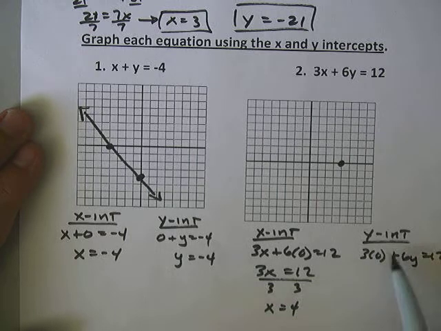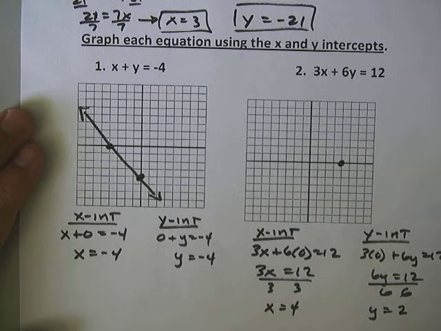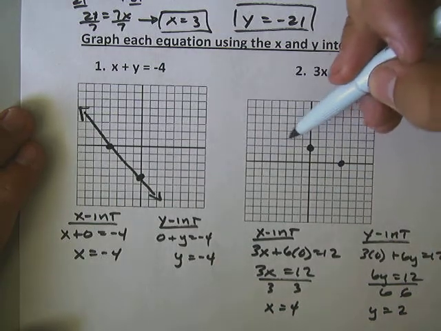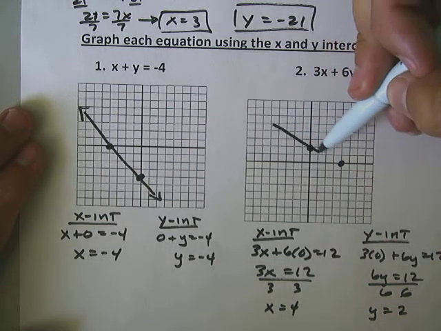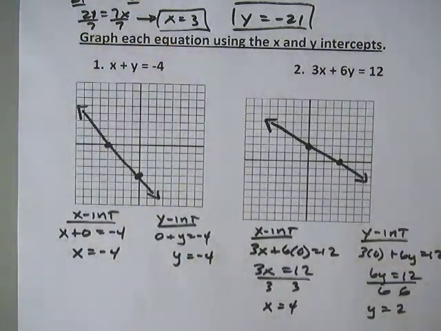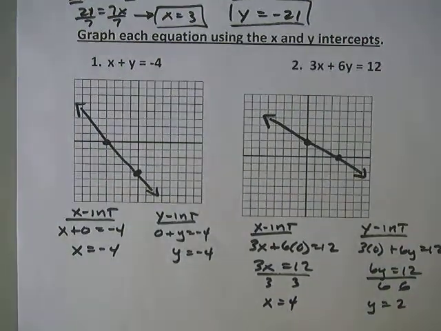My y-intercept, I'd plug in 0 for x. So that goes away. I get 6y equals 12. Divide by 6. y is 2. So I'd go up 2. And I would then just draw my line.